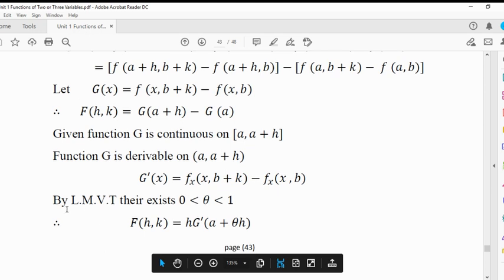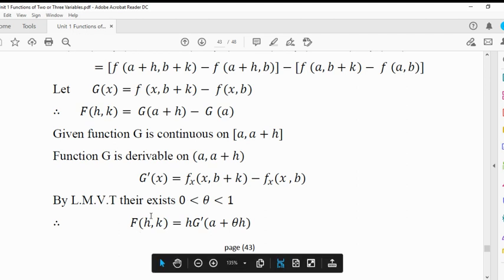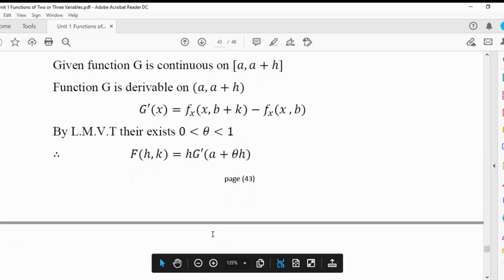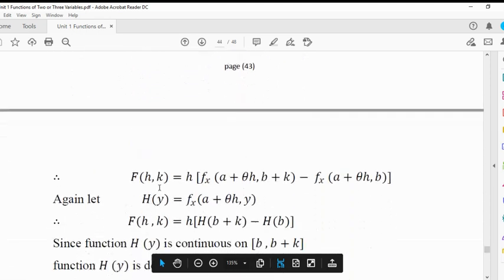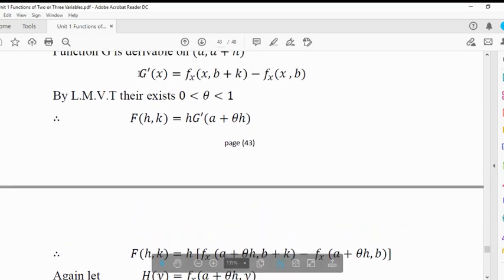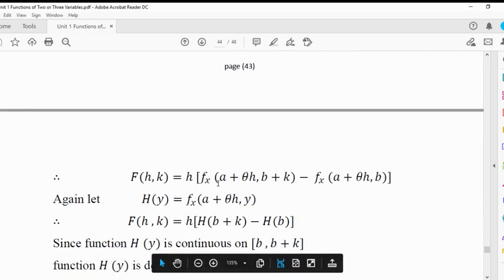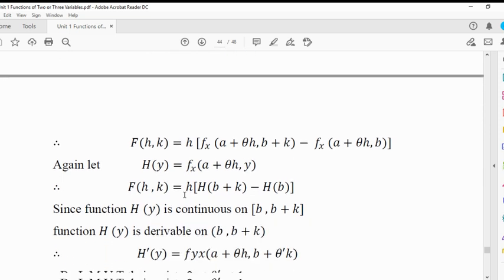Now by Lagrange's mean value theorem, there exists 0 less than theta less than 1 such that F of (h, k) is equal to h into G dash of a plus theta h. Put the value of G dash of x, replacing x by a plus theta h. Therefore F of (h, k) is equal to h into [fx of (a plus theta h, b plus k) minus fx of (a plus theta h, b)].